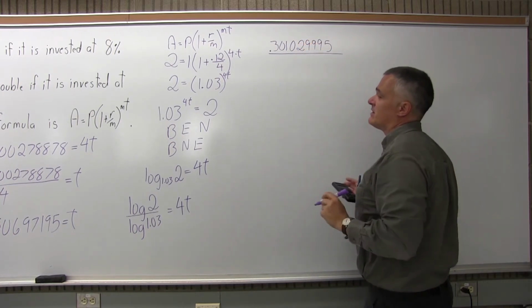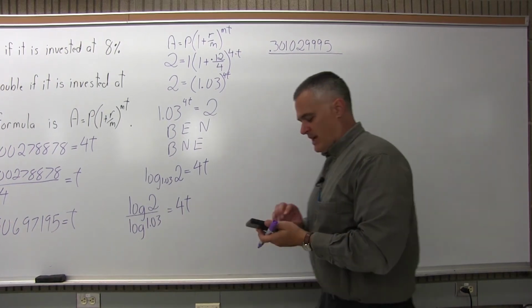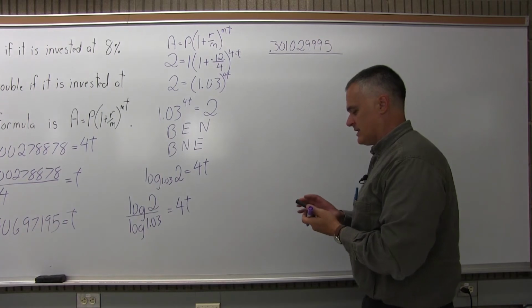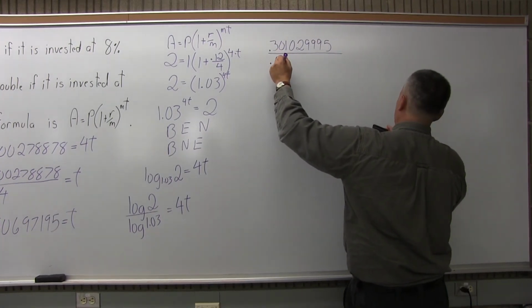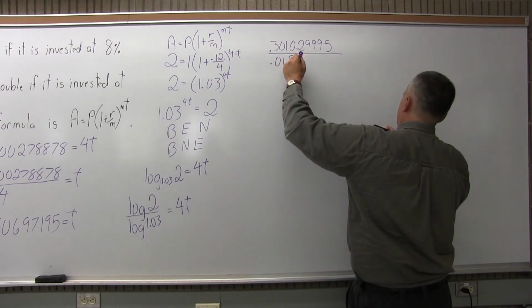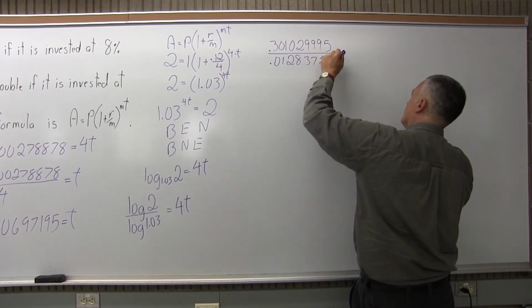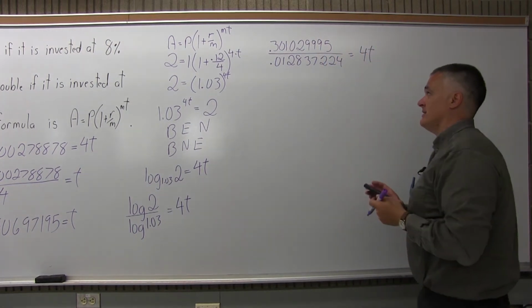Actually, we use it in the first part of this problem. And in the denominator, we'll have the common log of 1.03, which again, the calculator will do very easily. It is 0.012837224. And again, remember, that's equal to 4 times t.